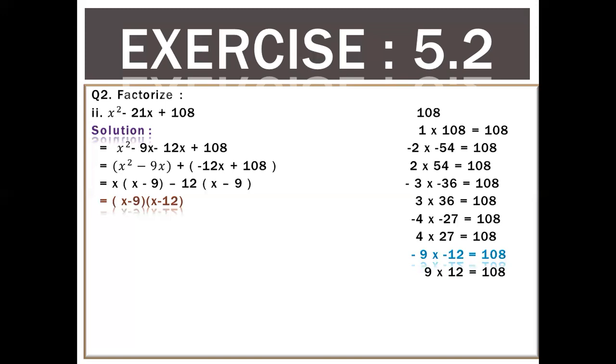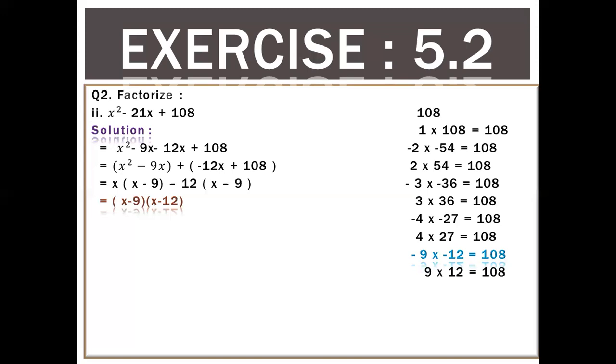Only the change happens in the middle term, the coefficient of x. When you are doing the PQ method or middle term break, we always split the middle term. The first and the last terms will be unchanged.